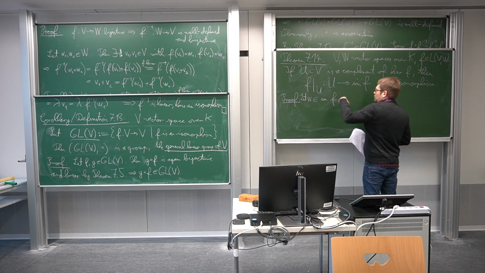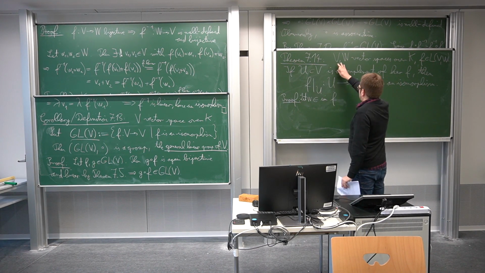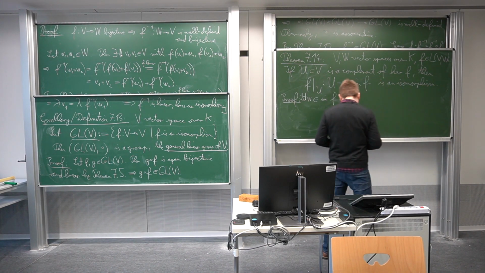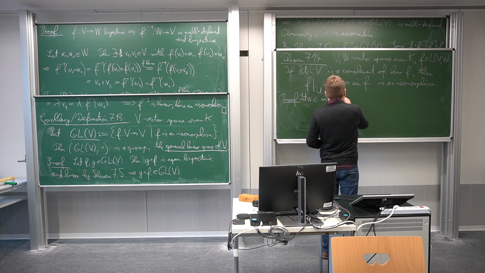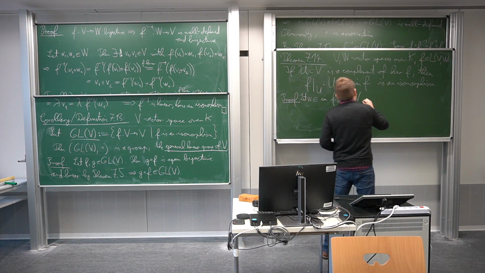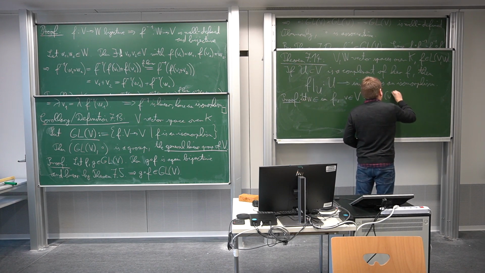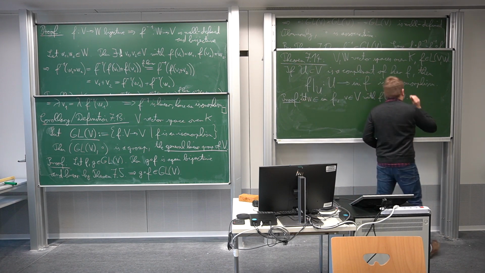So far we only know there exists an element in V which maps onto W, but we don't know if there's an element in U, which is smaller, which maps onto this element as well. So how do we see this? Let W be in the image and V in V be an element in the pre-image, so with F of V equal to W.